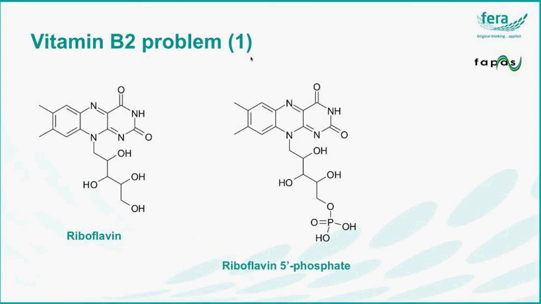This in turn creates an issue for its analysis, because riboflavin requires only an acid hydrolysis step, whereas the riboflavin phosphate requires an additional enzymatic digestion step which follows the acid hydrolysis. So a two-step process.